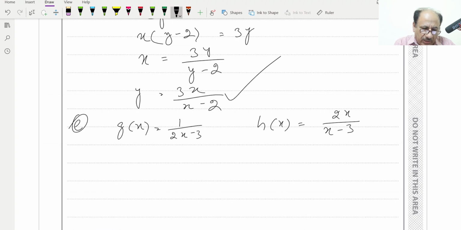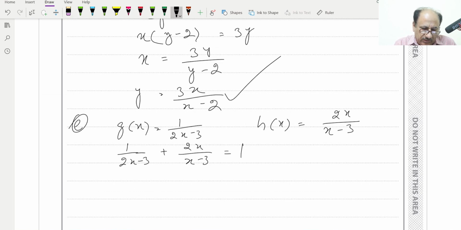Now we have to add these two, so 1 over 2x minus 3 plus 2x over x minus 3, and it is given by the condition of the question that this is equal to 1. So we'll have to simplify this.